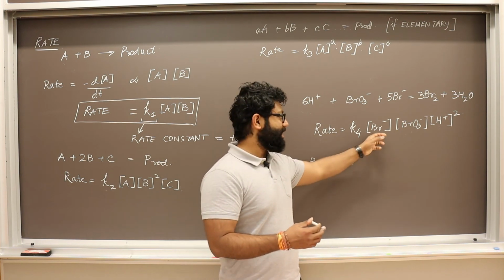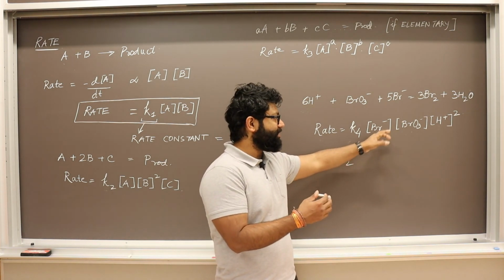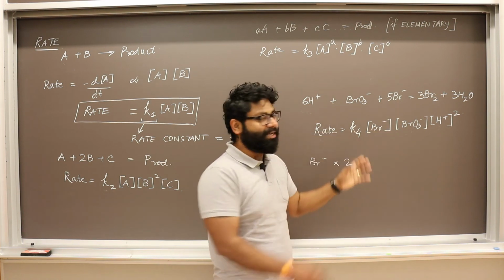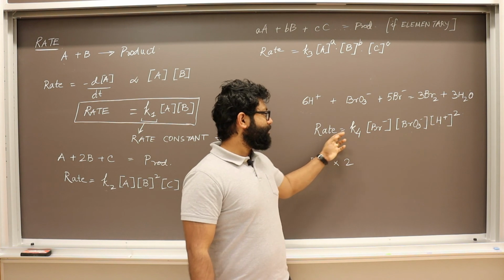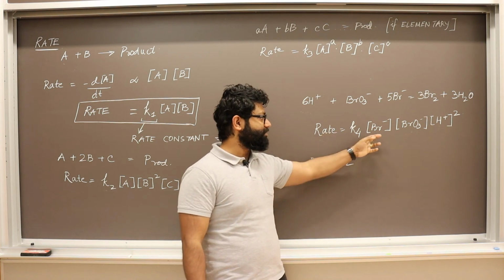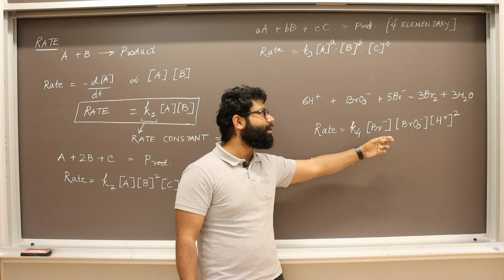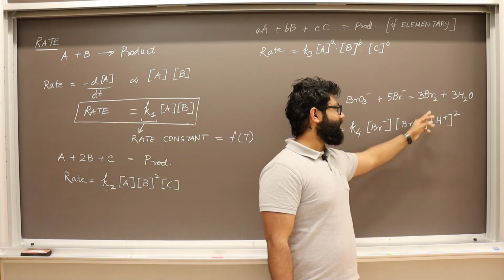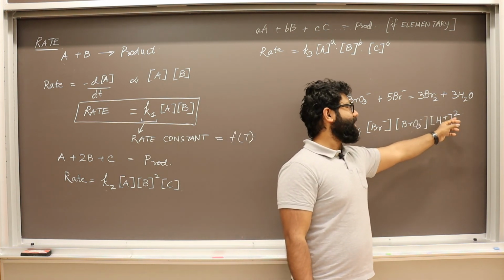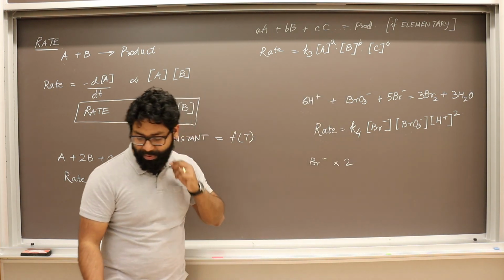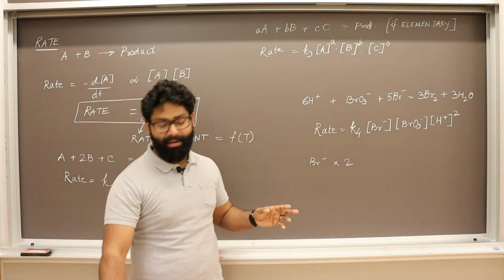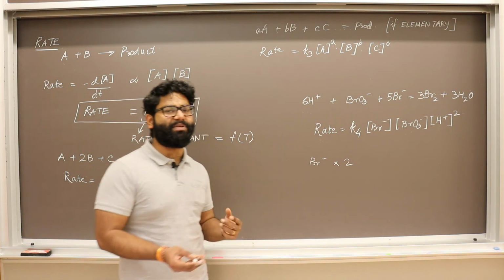It is directly proportional, not by any factor in here. So the order of the reaction with respect to bromide ion is 1. The order with respect to bromate ion is also 1. The order in here with respect to H plus is 2. So now we'll see how we define order and molecularity and what the differences between these two are.